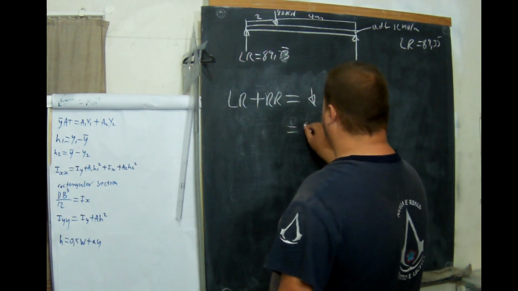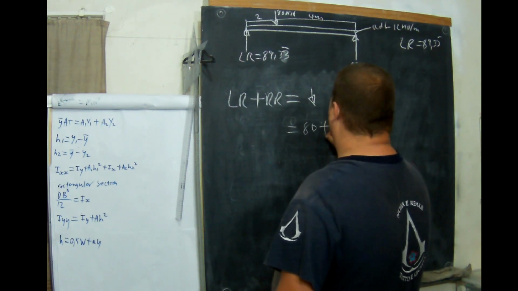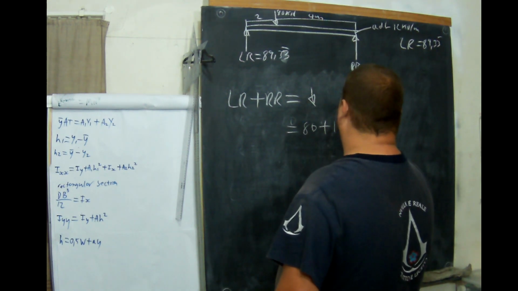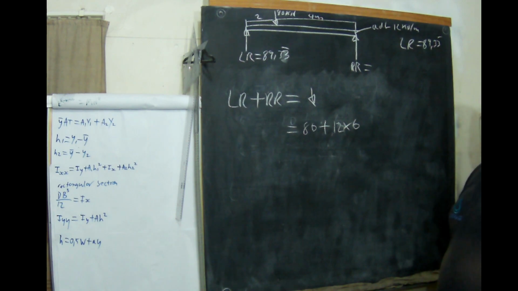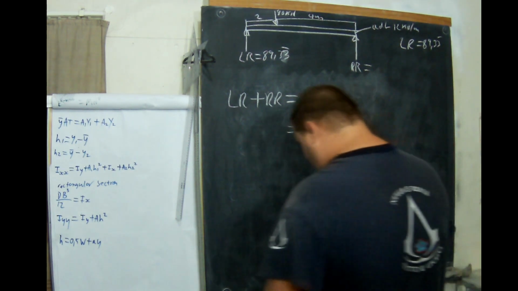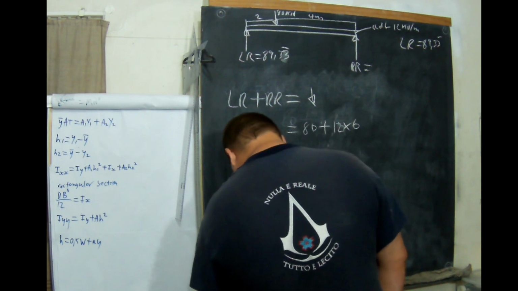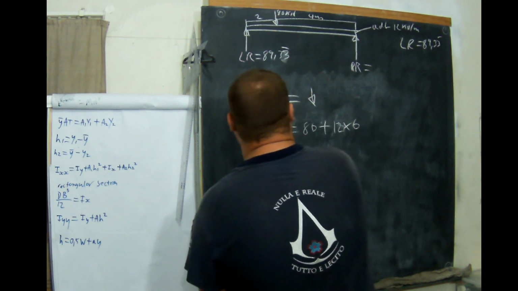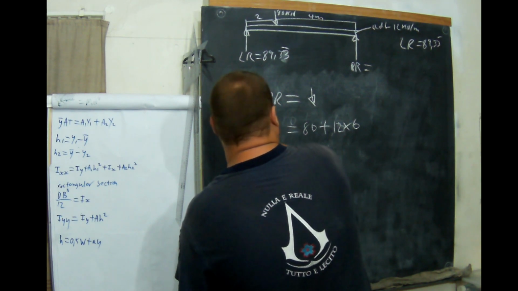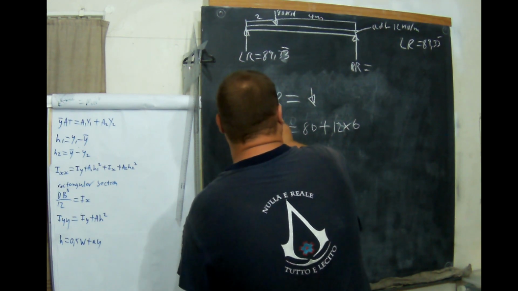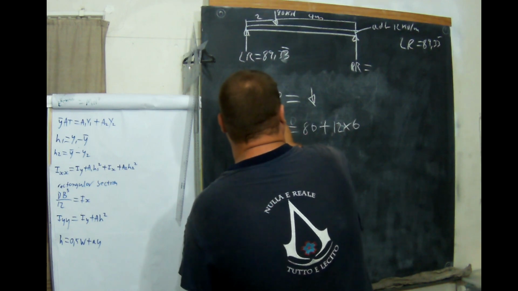What are the forces going down? 80 plus 12 times 6. That is what's going down. And we've got 89.33 plus RR.